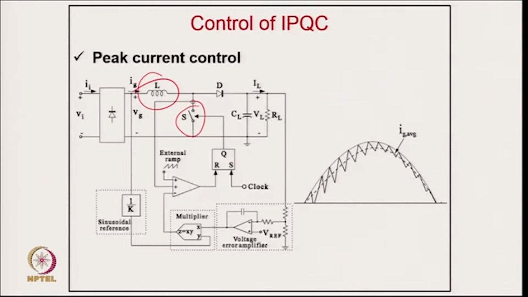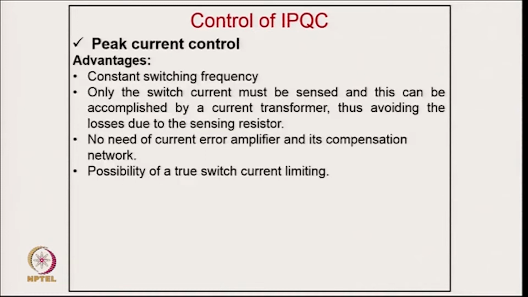So, this is the waveform: once the current touches the peak current, you switch off the pulse, and that we call peak current control. What are the advantages of this? We get a constant switching frequency, and only the switch current must be sensed.